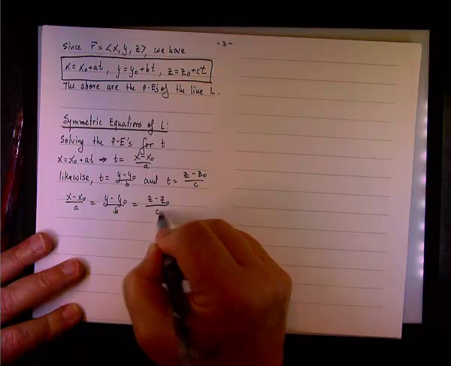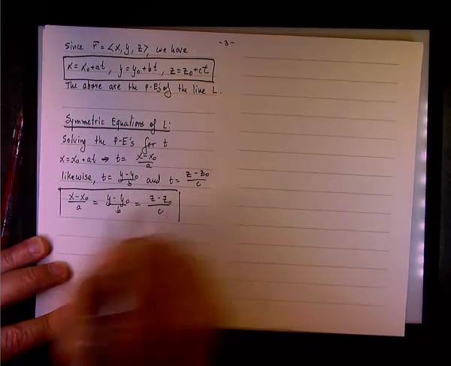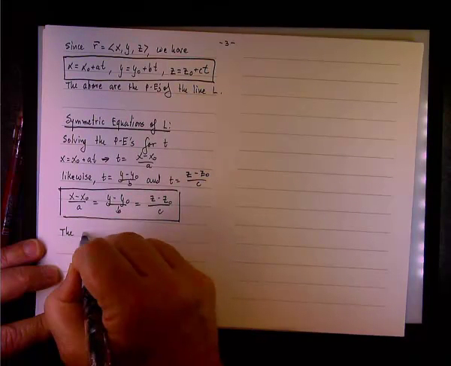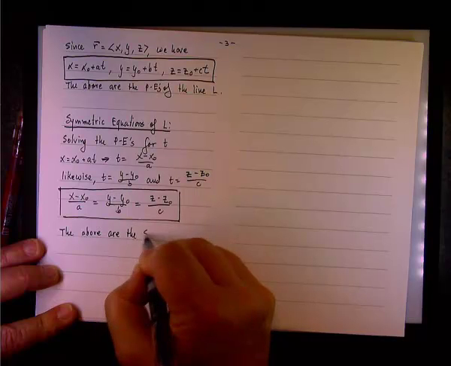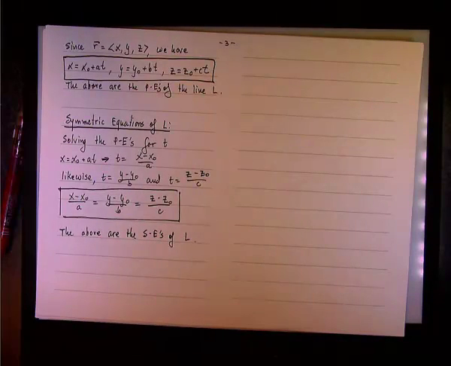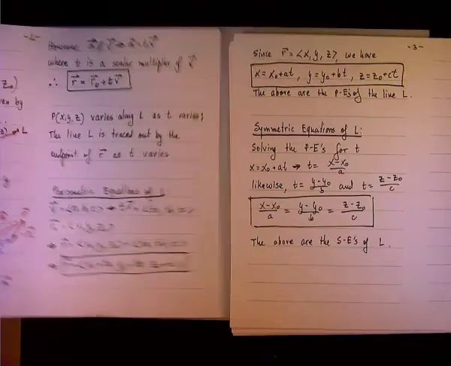Okay, so we have the following set of equations: x minus x sub 0 over a equals y minus y sub 0 over b, and since all equal t, this also equals z minus z sub 0 over c, and those are the symmetric equations of the line L.